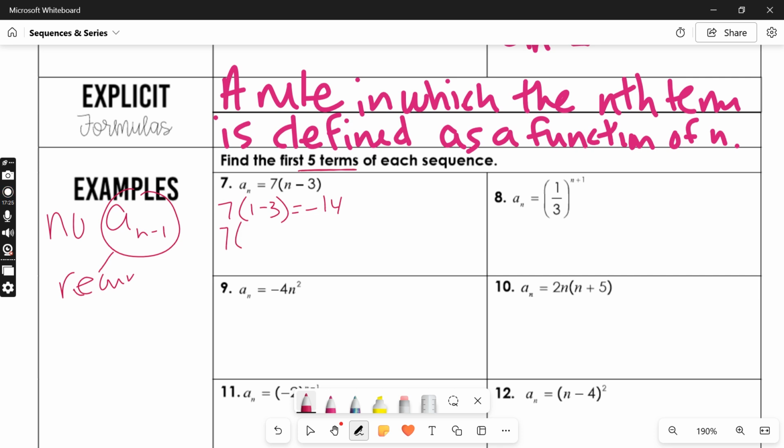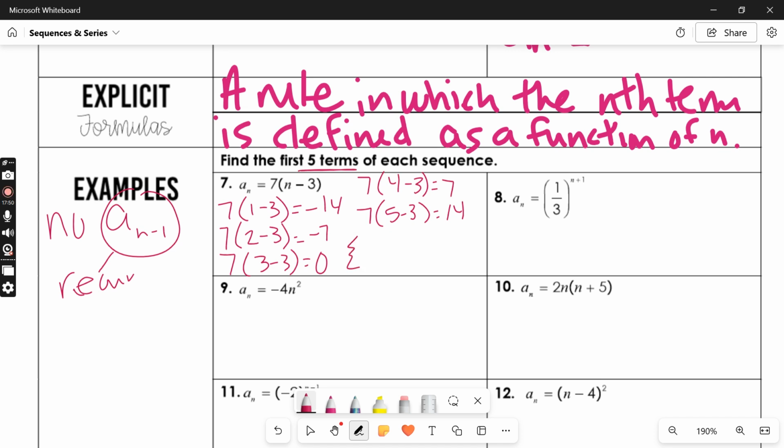And then 7 times 2 minus 3, which is negative 7. 7 times 3 minus 3, which is 0. 7 times 4 minus 3, which is 7. And 7 times 5 minus 3, which is 14.